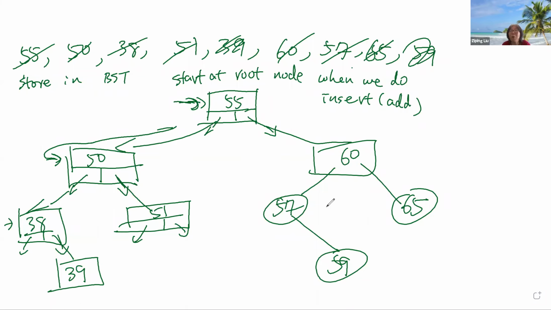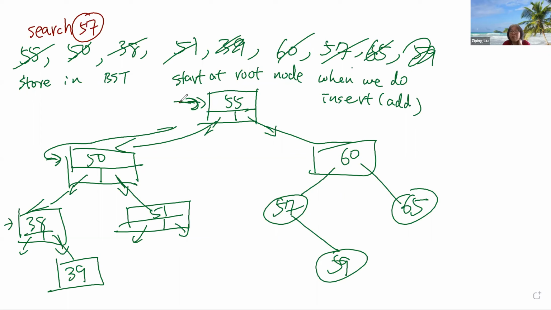Once you have the tree built up, then assume you want to search an item. Suppose I want you to find 57. I want you to tell me where 57 is. So how do we do it?